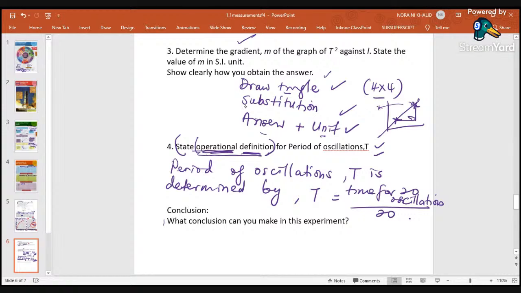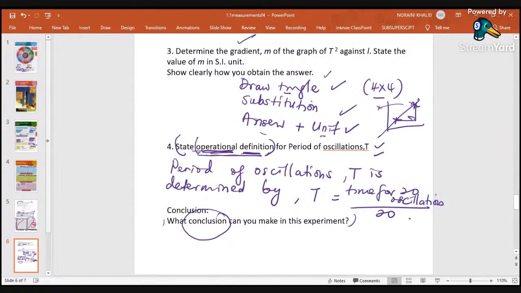Conclusion is based on the graph that you get. Okay, let's say from the graph of T squared against L, so you get T squared directly proportional to L. That one is a relationship. So the conclusion, go back to the hypothesis.